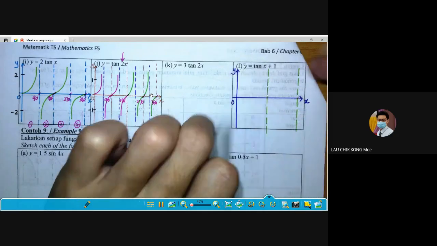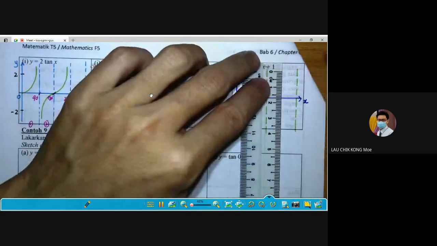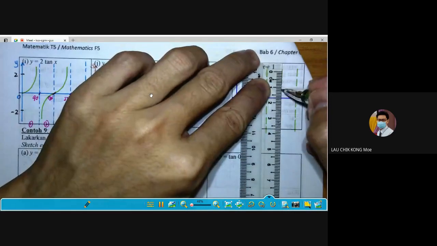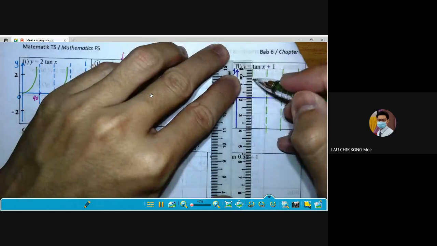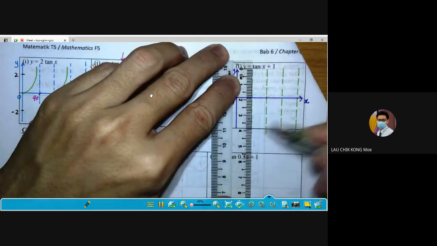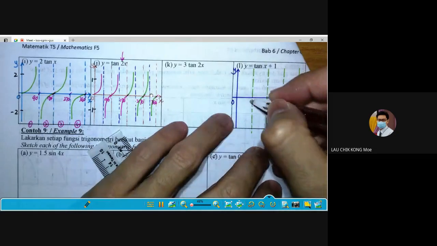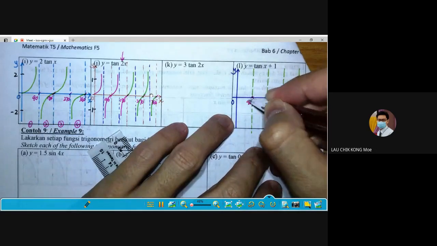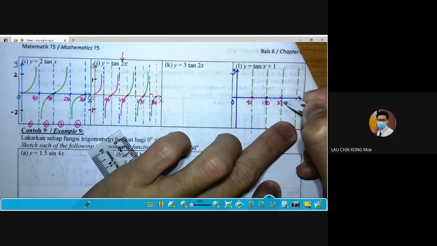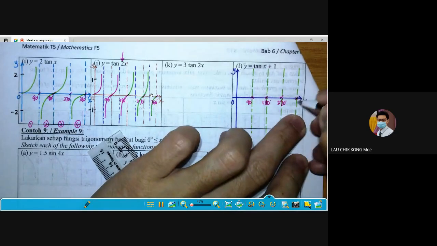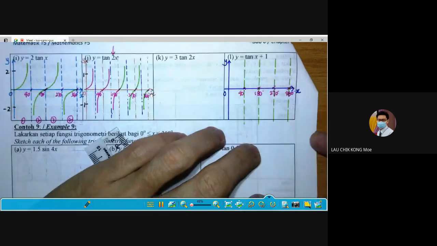Okay, this is a graph, and then again divide by 2 for each column to become 4 columns. Okay, all right. So maybe you can jot down first. This is a 90 degree, this is a 180, 270, and 360. Okay.